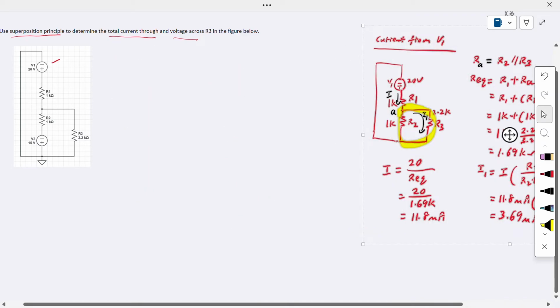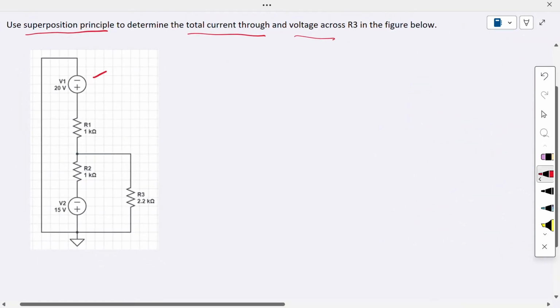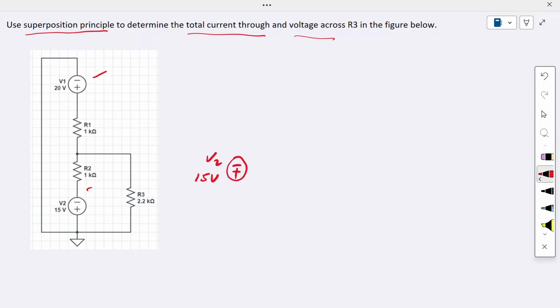So from V2 we redraw the circuit here. This is our minus and positive. This is V2, 15 volt, connected to a resistor, which is R2, 1K.